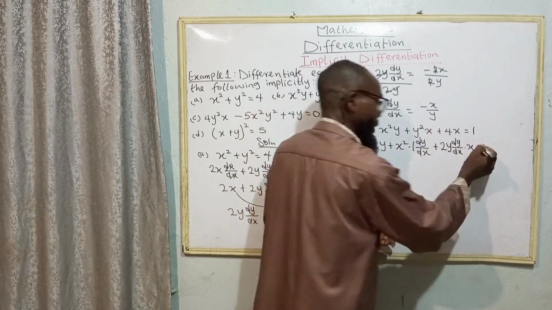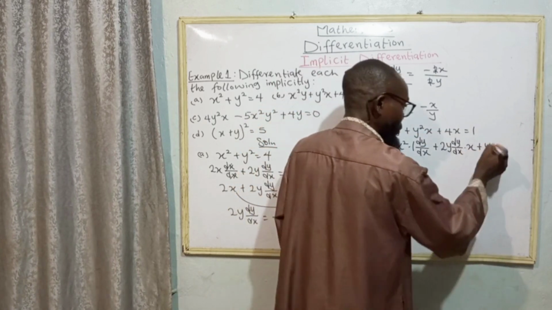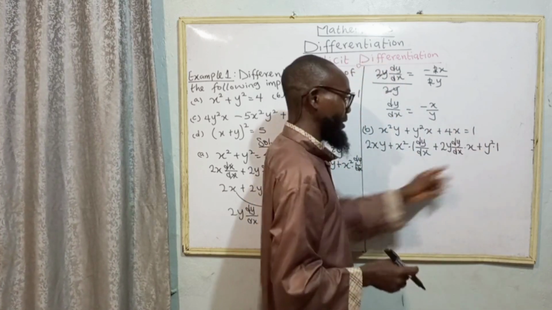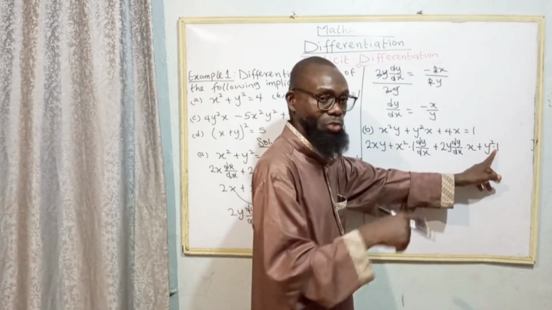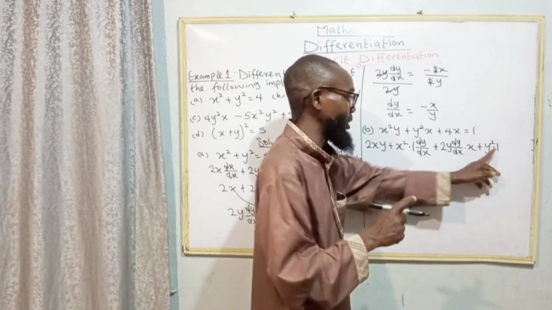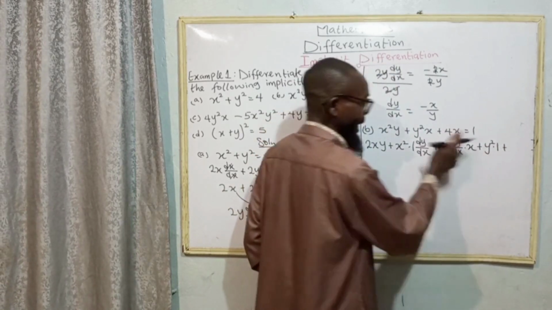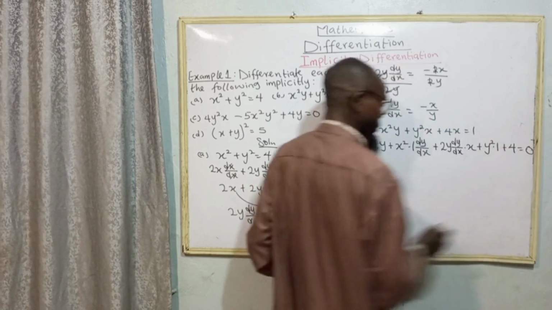Plus, if I differentiate x, y squared will stand alone, y squared, and the differentiation of x is 1. Don't forget, this point in further mathematics means multiplication. So if I'm using points, I'm referring to multiplication. Plus, if I differentiate 4x it gives 4, equals the differentiation of a constant, which is 0.